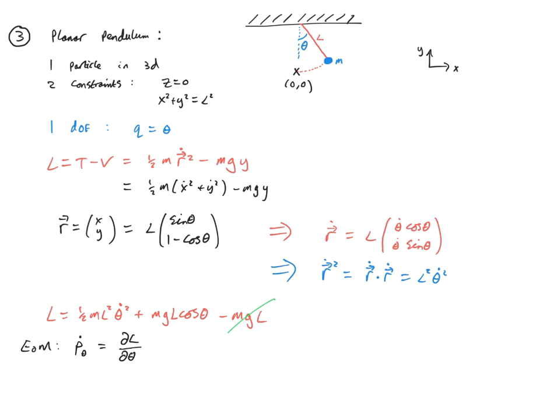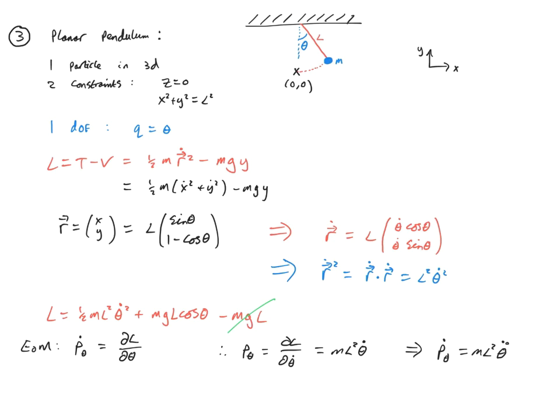So first of all, let's work out p theta, which is partial dL by d theta dot. That's not so difficult. It's just mL squared theta dot. Therefore, p theta dot is mL squared theta double dot.